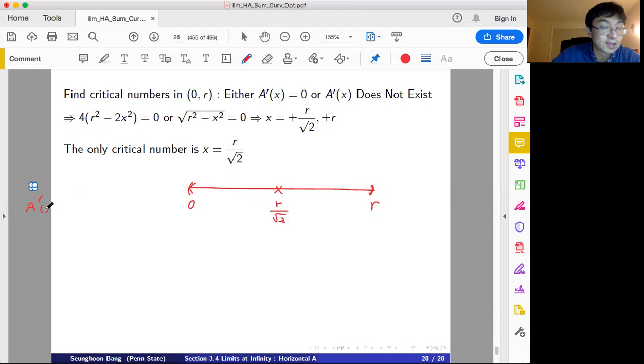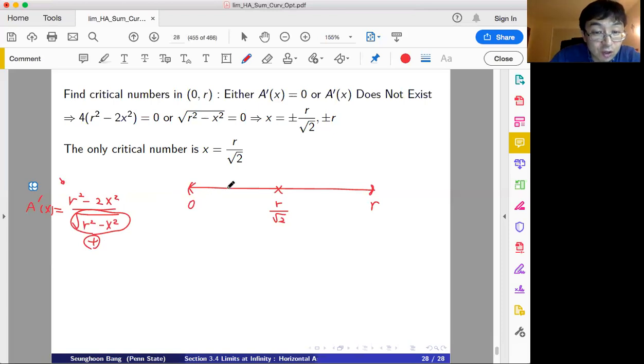A prime of x is 4 times r squared minus 2x squared over the square root of r squared minus x squared. This square root is always positive, so we only check the numerator.